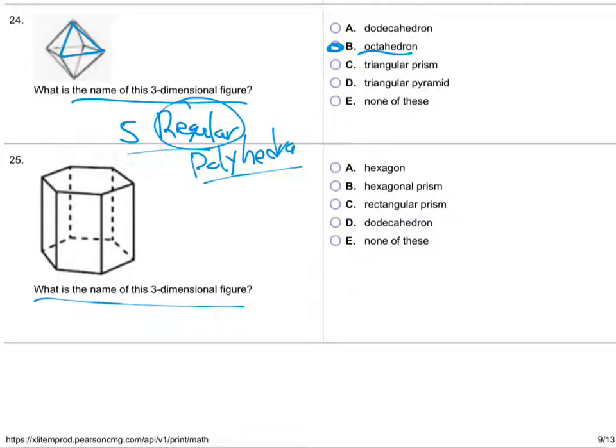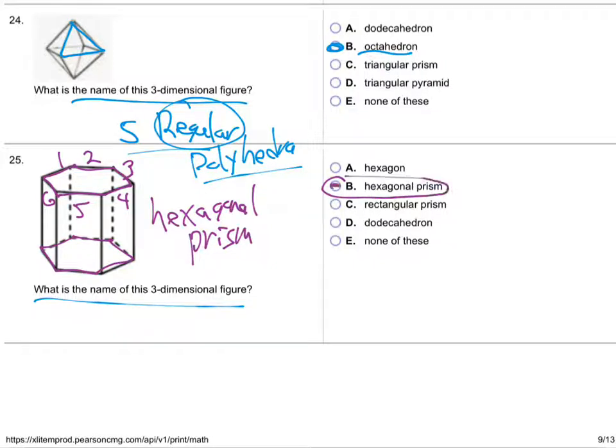What's the name of this? Well, do you see that this thing down here is a prism? Why? Because it has the same shape top and bottom, connected by straight sides. And what kind of prism? Well, how many sides on the top? 1, 2, 3, 4, 5, 6. So that's a hexagonal prism, because the top and bottom are hexagons, and it's a prism.